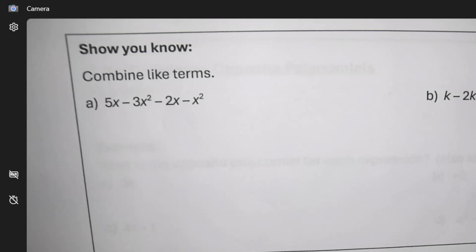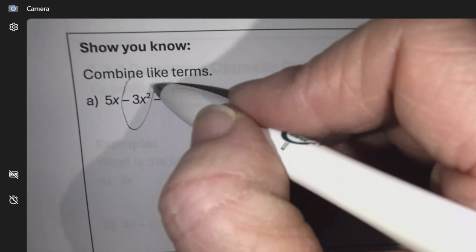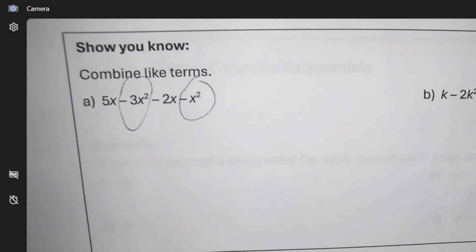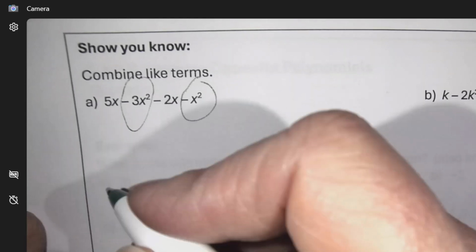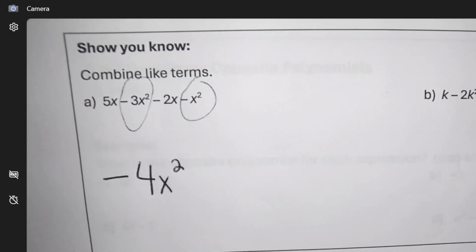All right, let's check out your answers. If I identify like terms, there are some x squareds and more x squareds like that. So I would put those together. If I had a -3 and then 1 more negative, I am now at -4 of them.